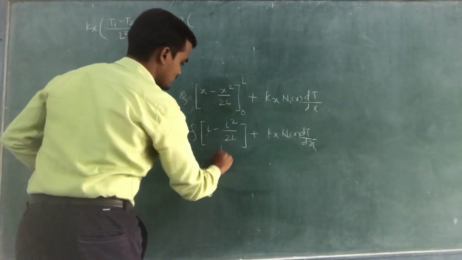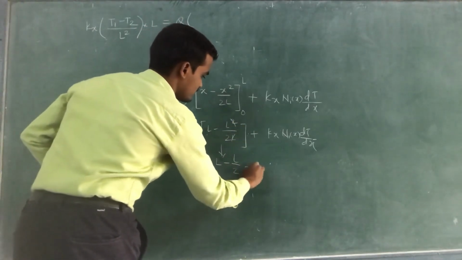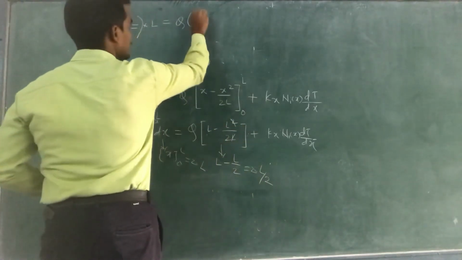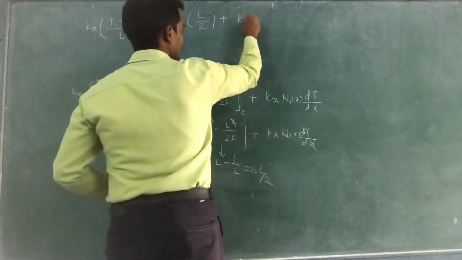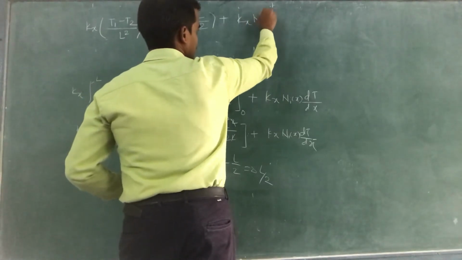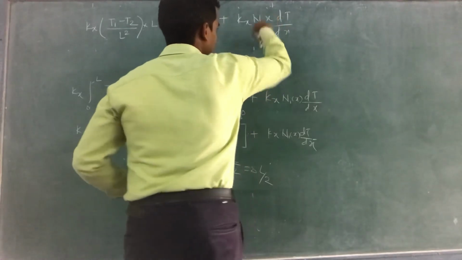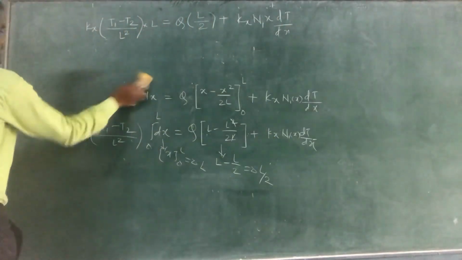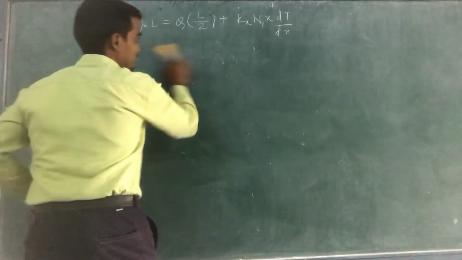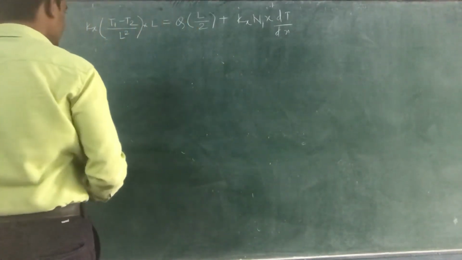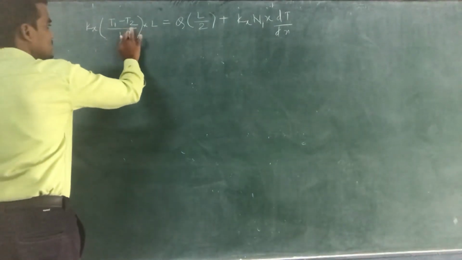Now this will become L minus L by 2, so it will become L by 2, plus kx into ni of x dt by dx. Ni of x is nothing but n1 of x. So finally, for i equal to 1 we will get this value. Similarly, this L will be cancelled.